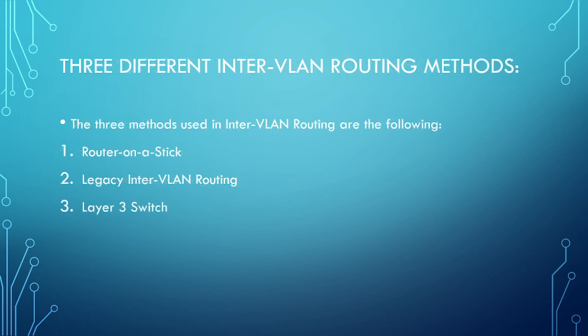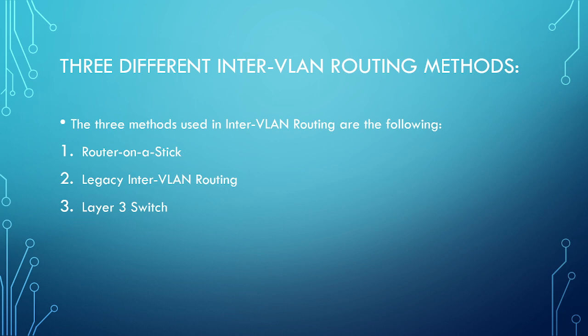Three different inter-VLAN routing methods. The three methods used in inter-VLAN routing are the following: router on a stick, legacy inter-VLAN routing, and layer 3 switch. The first method, known as the router on a stick, is one of the most common and straightforward ways of implementing inter-VLAN routing.